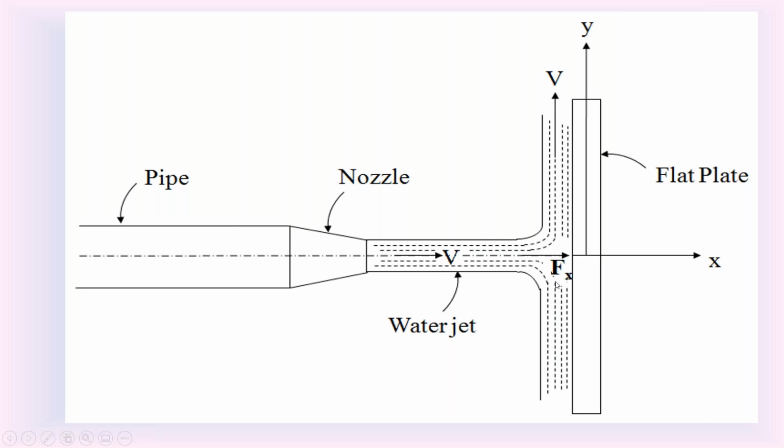Let Fx be the horizontal force exerted by the water jet on the metal plate. To find this force Fx, we are using Newton's second law. According to Newton's second law, Fx is equal to the initial linear momentum of the water jet in the direction of force Fx minus the final linear momentum of the water jet in the direction of force Fx, divided by time.